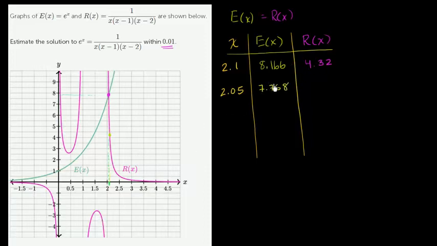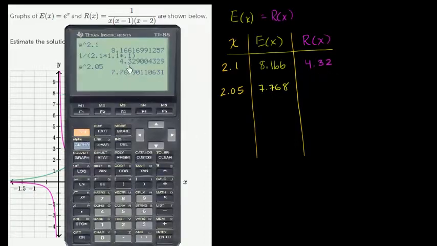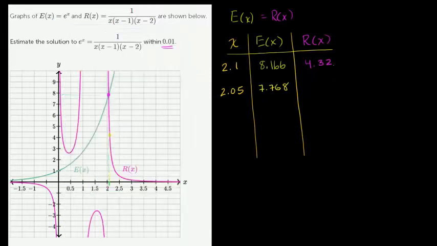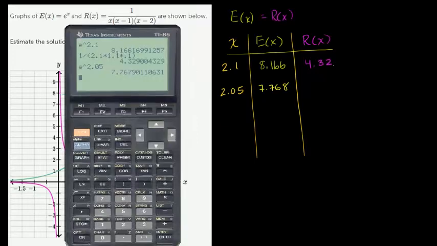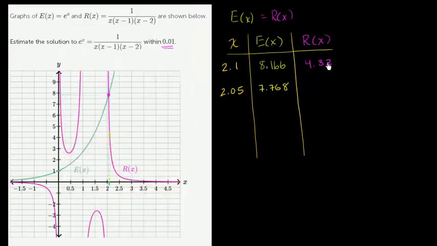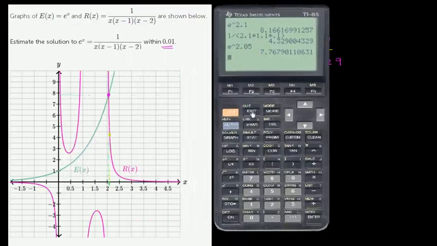And what is r of x? I'll just keep rounding to the thousandths. So let's evaluate r of x when we're at 2.05. It's going to be 1 divided by x, which is now 2.05, times x minus 1, which is 1.05, times x minus 2, which is 0.05.